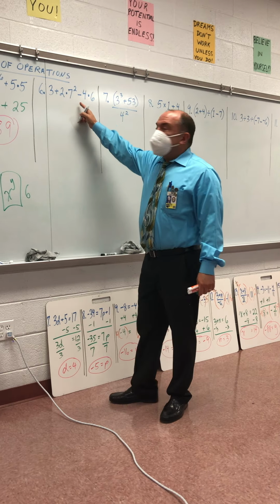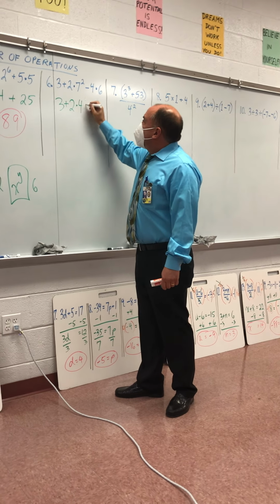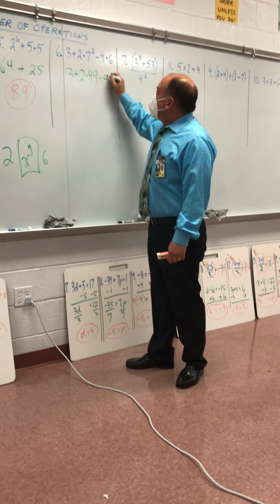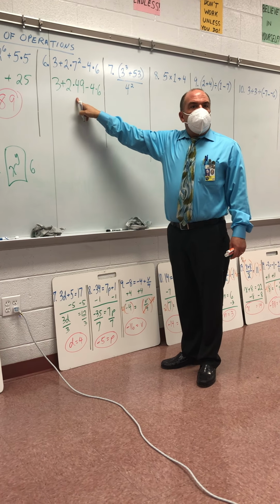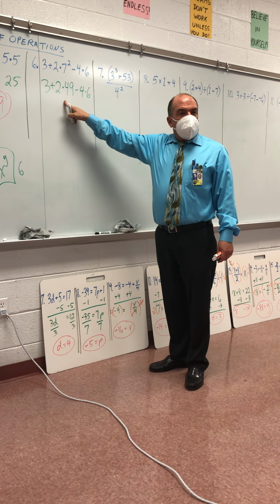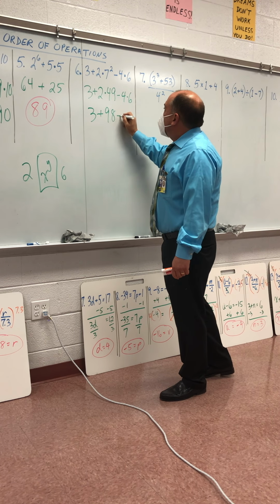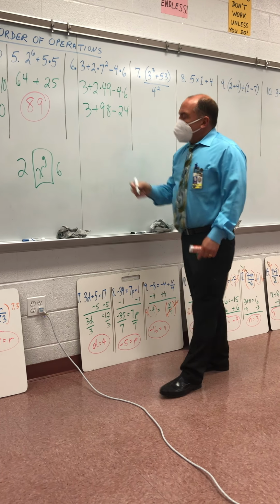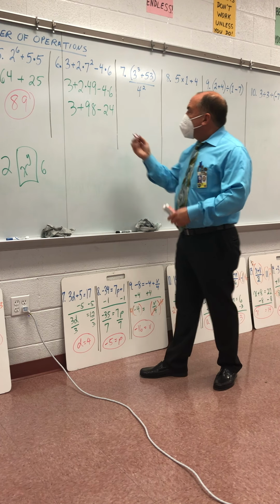Got another 7 squared here. 2 times 49 minus 4 times 6. Again, 2 times 50 is 100. So take away a 2, and that's 2 times 49, which is 98. So 3 plus 98 minus 24. 3 plus 98 is 101 minus 24 is 77.